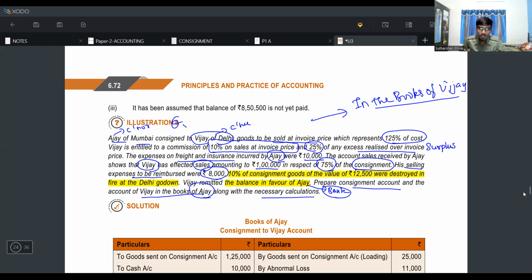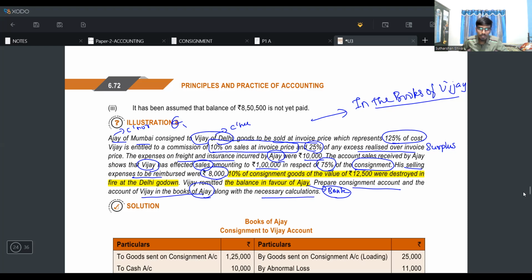GSC is equal to 12,500 divided by 10%. Take a calculator: 12,500 divided by 10%. You will get 1,25,000. This is the GSC. In this GSC, there is a loading. Invoice price minus loading is equal to cost. Invoice price is 125, cost is 100, so the remaining 25 will be the loading.